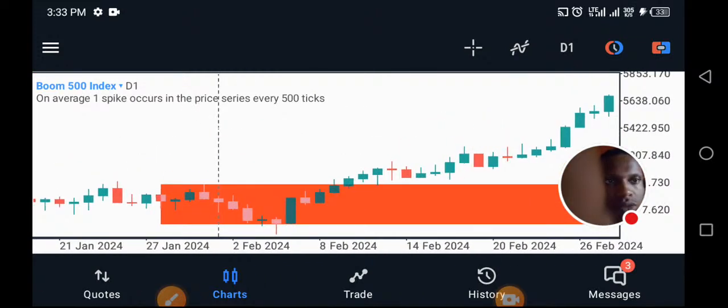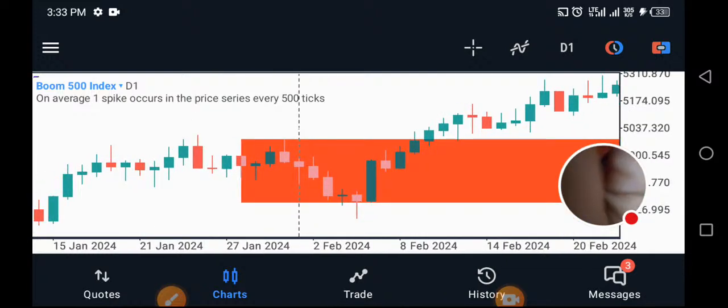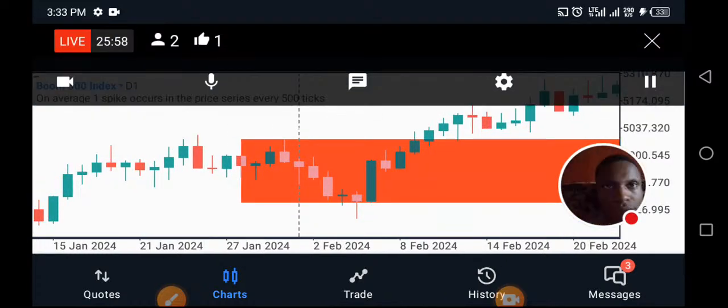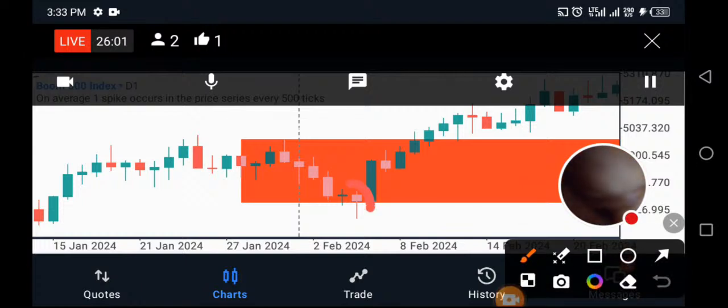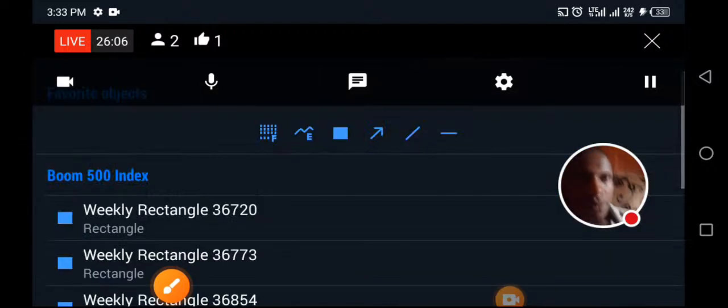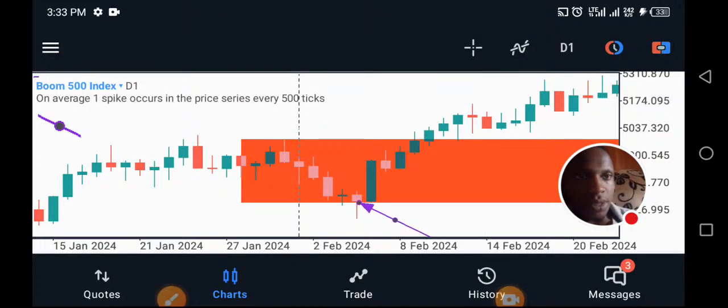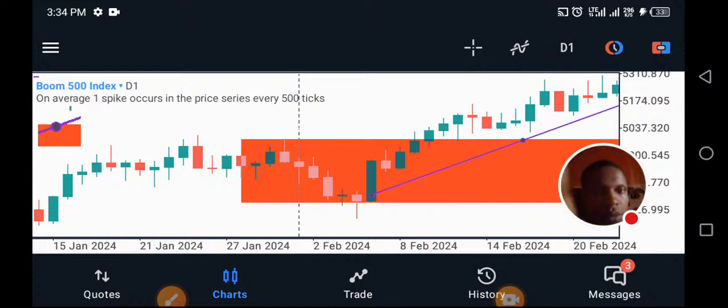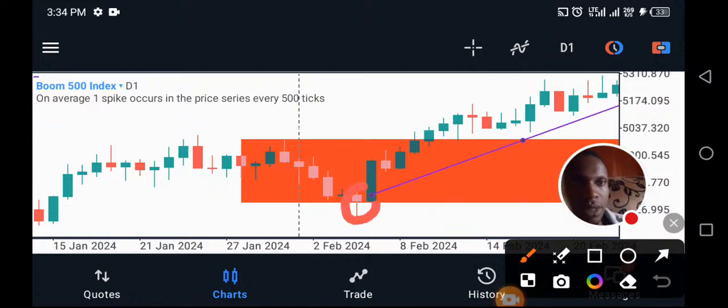Now if you look at this particular candle here, guys, you notice that this was the last sell candle here before the market started buying. Remember this was the last sell candle here, so that is our bullish order block.